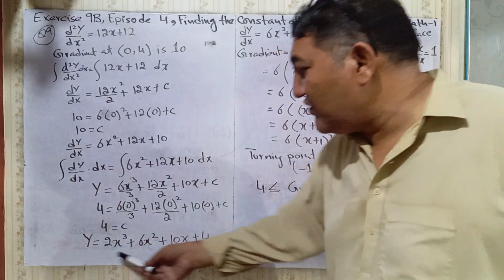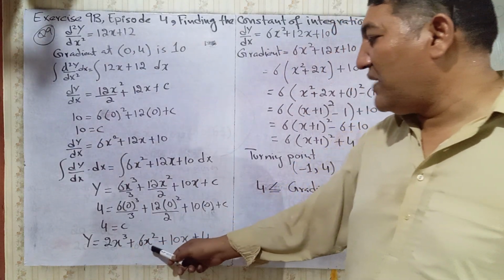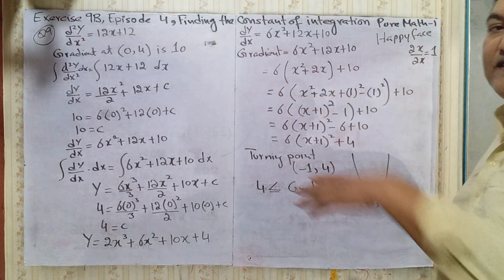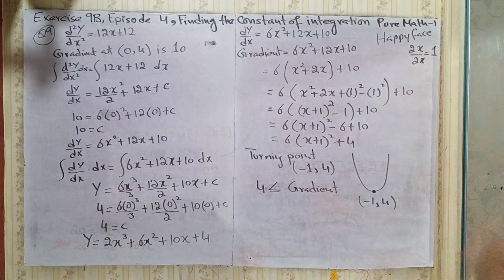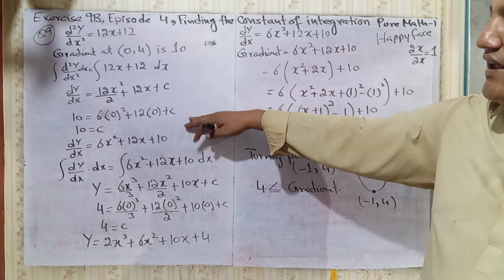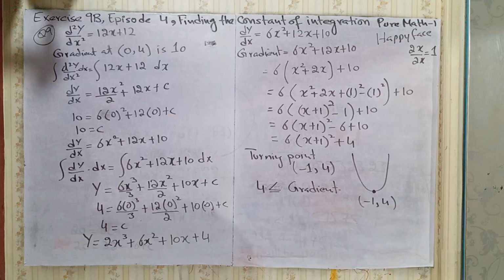So the equation of the curve will become y equals 2x cubed plus 6x squared plus 10x plus 4. This is how, when the second derivative was given, we integrated it, found dy by dx, then integrated again and found the equation, finding the value of c each time.